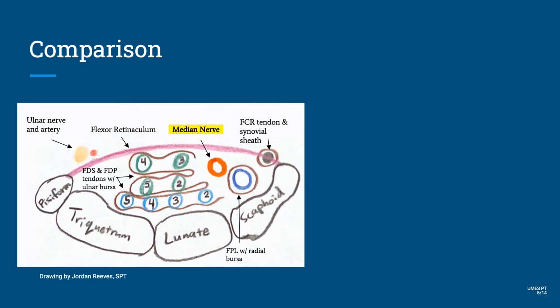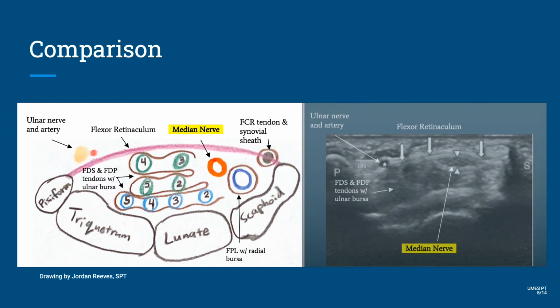We're going to go through a comparison. Here's my drawing that you've seen before of all of the contents of the carpal tunnel, as well as the bones that make up some of the borders. And here's what you're going to see on ultrasound. So it's a little bit harder to see all the structures, but I've labeled a few for you.